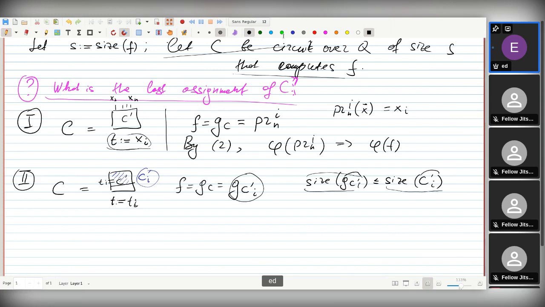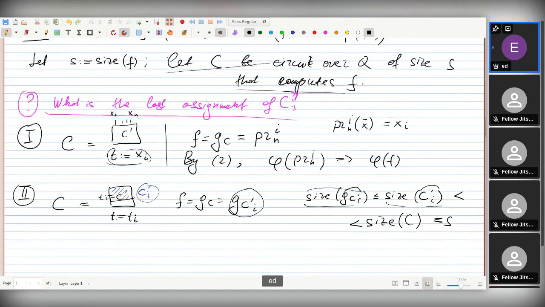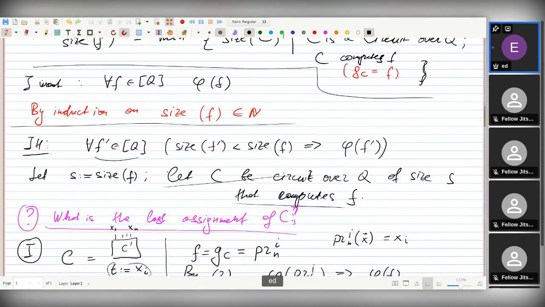Is this idea clear? Yes. But this circuit is just a proper prefix of C, so it is less than our s.